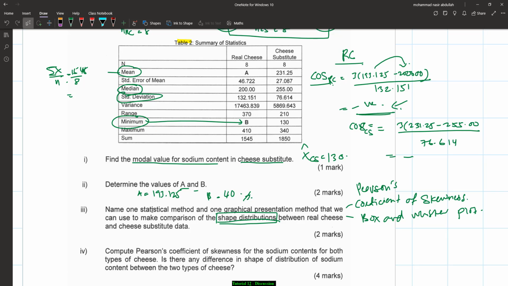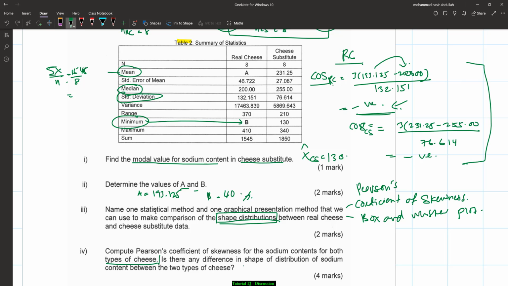See, this is also a negative value. So we can say that both sodium content have a negatively skewed distribution, right? So is there any difference in shape of distribution? We can tell by using coefficient of skewness.